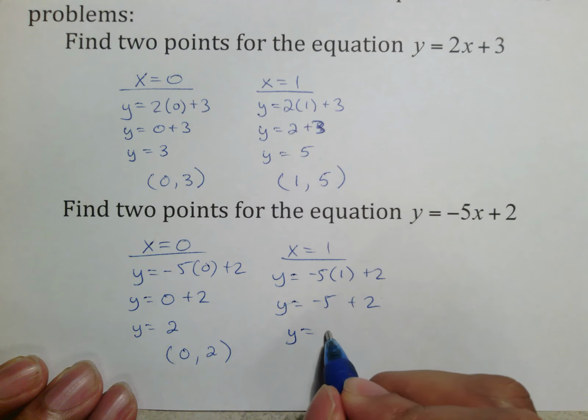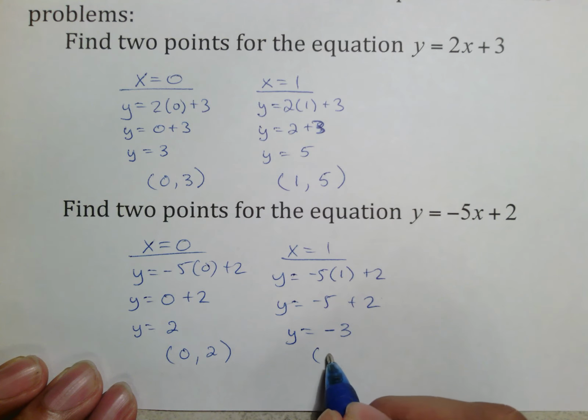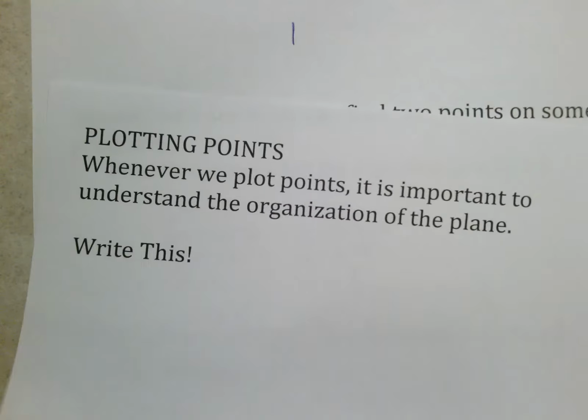But negative 5 plus 2, because the negatives win and there are 3 more negatives, is negative 3. So my second point is x equals 1, y equals negative 3. So those would be the 2 points that we need, and that would get us the answer that we need to find. Okay?